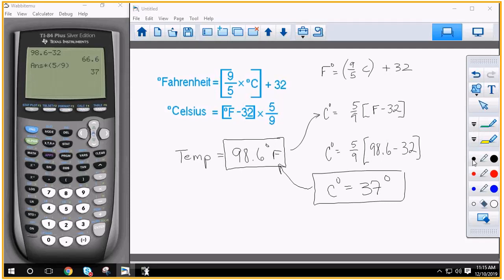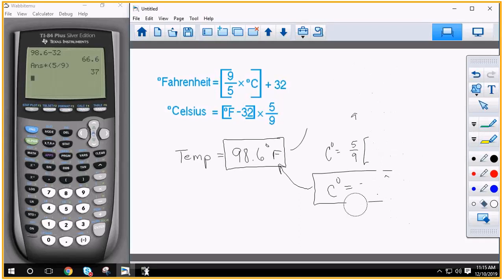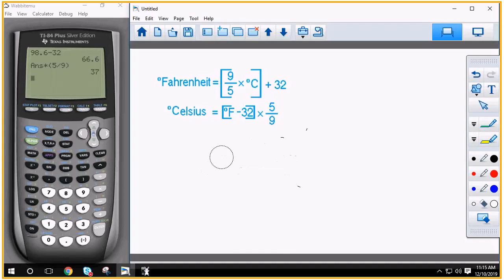So let's do 212 degrees Celsius. So I'm going to erase all this. So 212 degrees Celsius is equal to how much Fahrenheit?